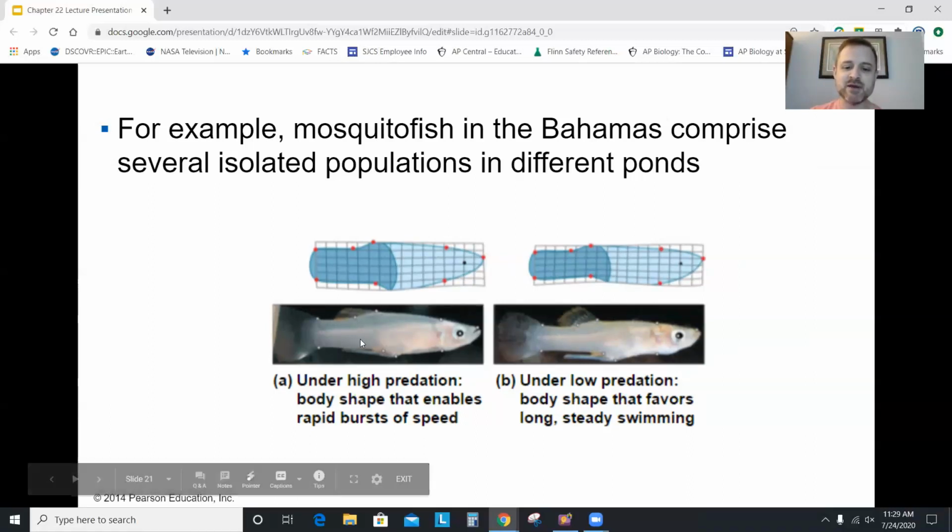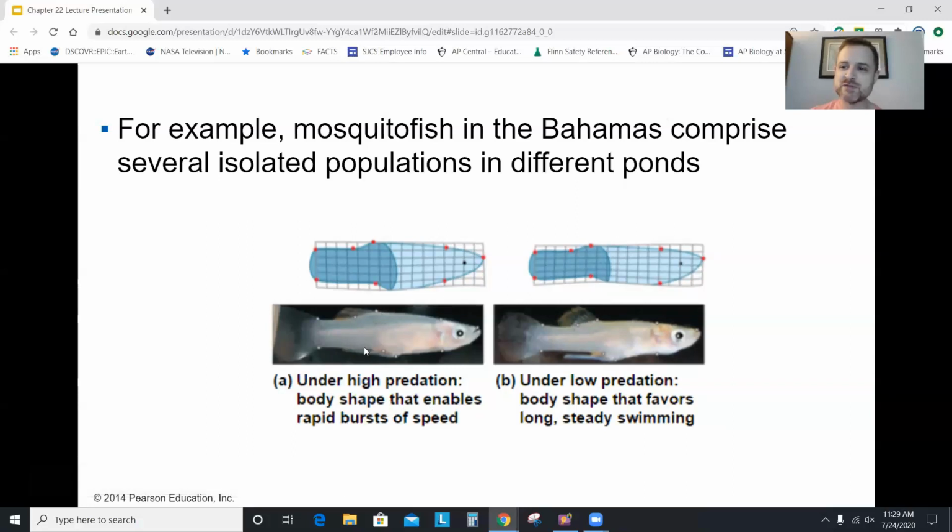This body shape is better for rapid bursts of speed, which if you have a predator, that might be beneficial. This body shape is better for steady swimming, which if there's no predator, being able to swim longer, steadier might get to the food source better. Basically, fish in ponds with predators look like this. Fish in ponds with no predators look like this. And obviously they're in different ponds, so they're isolated.